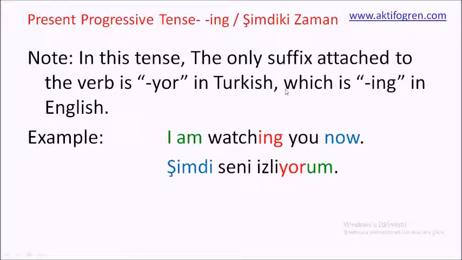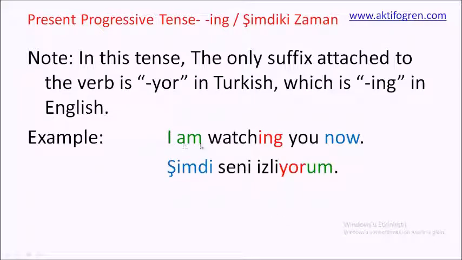Alright, to understand and to use this tense effectively is just the same function as in English. You know, if you know how to use present progressive tense in English, it's the same way in Turkish. That means, very briefly, this tells the actions happening at the time of speaking. Alright, or for the near plans, for the plans that are going to happen in very near time.